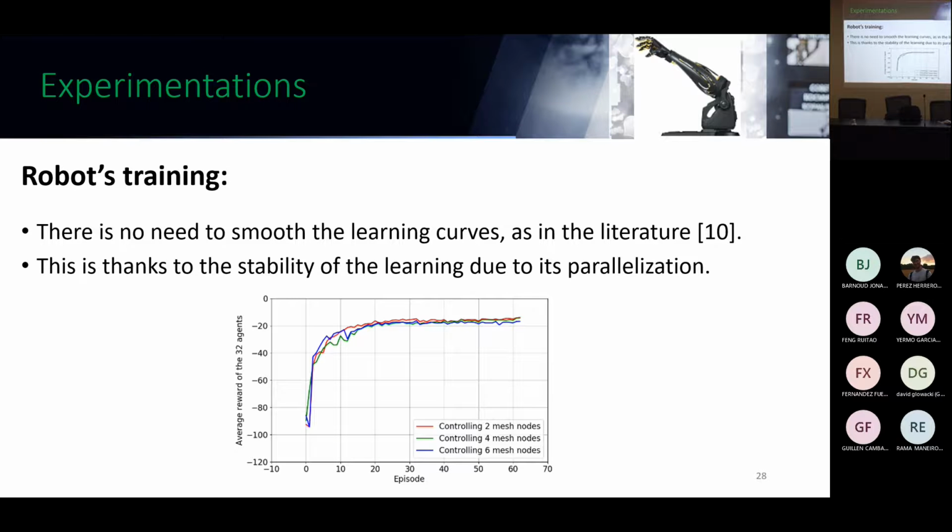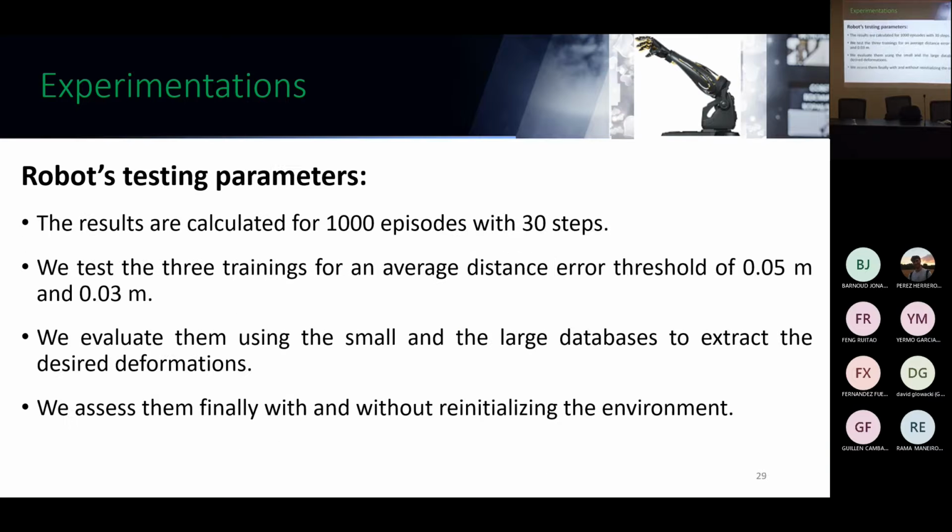As we can see here about the learning curves, contrary to other curves in the literature, I didn't have to smooth them because they are already smooth, since this learning parallelization allows for really stable learning. For the testing, on the contrary, I made an average over 1,000 tests. Each testing episode was made of only 30 steps.